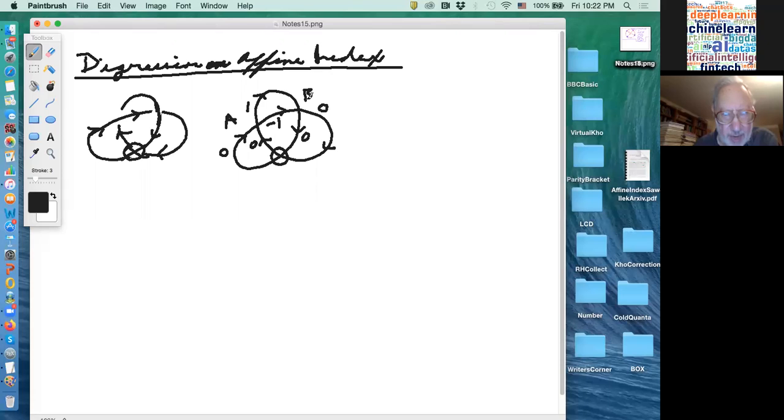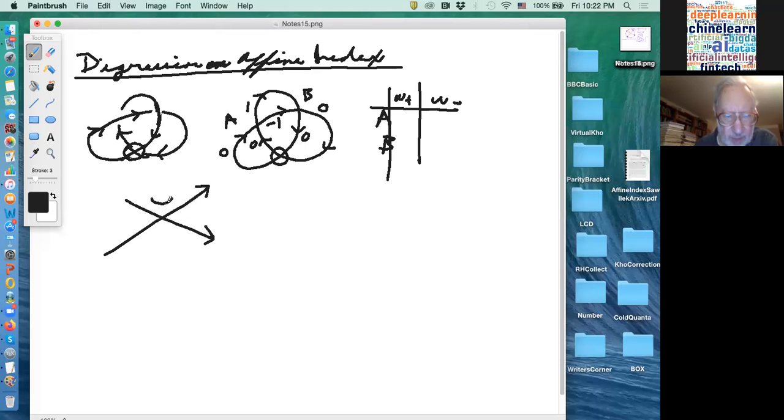Let the crossings be A and B. Then you write down the weights. The weights are obtained by looking at the difference here, that's the W plus, and looking at the difference here, and that's the W minus, remember.